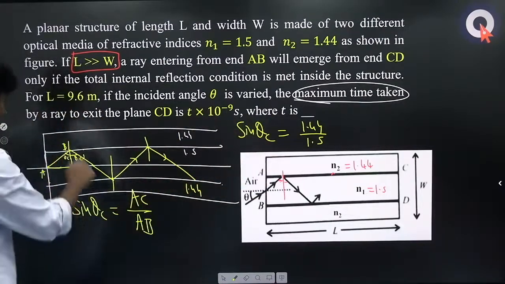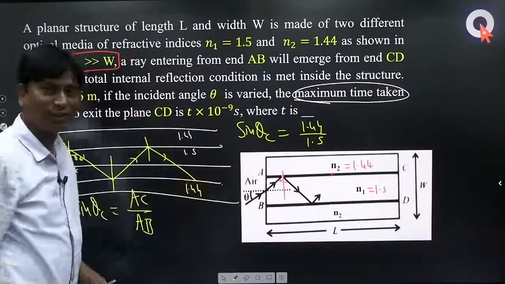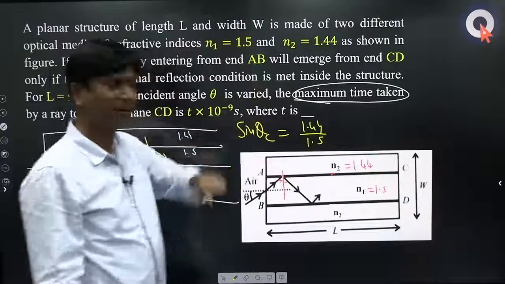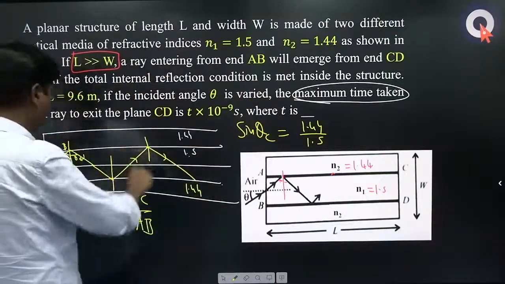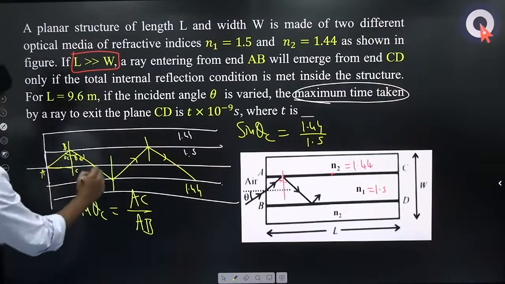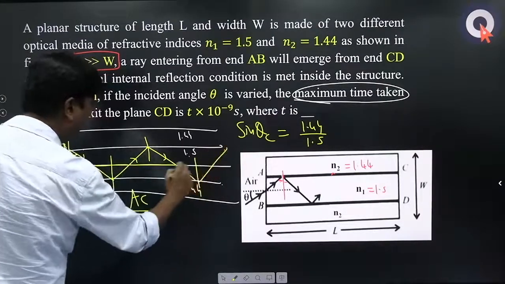So if you get this total length by the speed with which it is moving inside this medium, will definitely give you the time taken, right? So how do we get this length? We know one relation, sine of theta c is equal to AC by AB. So what I will do is, see, likewise this triangle here, one more triangle here, like this, every time it's having a triangle, right?